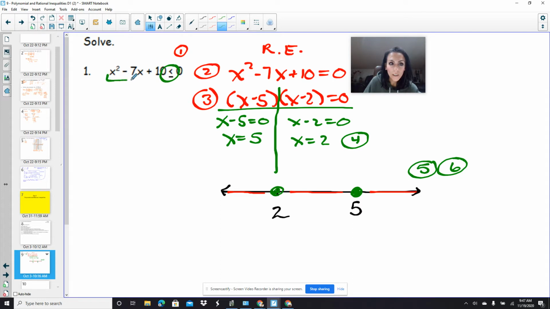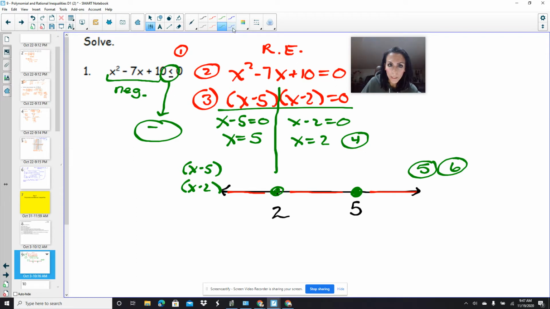So over here has to result in a number that is less than or equal to 0. That would mean a negative number, right? So this symbol tells us that we're looking for negatives. So let's take our factors and write them down here, x minus 5 and x minus 2.